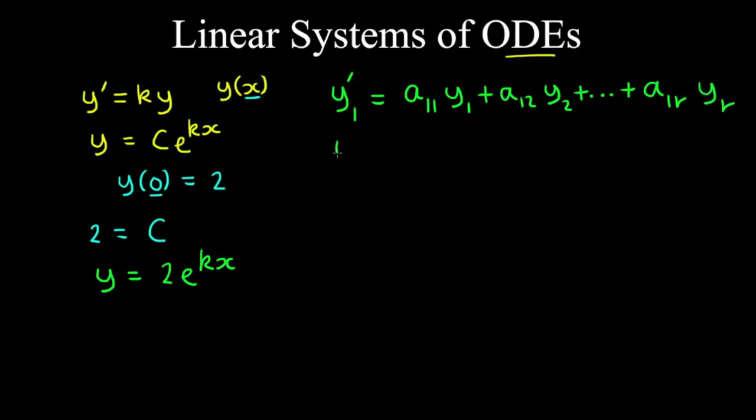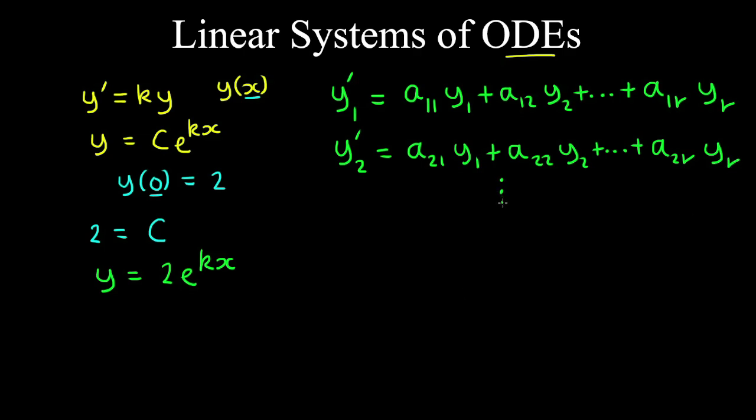And similarly, we'll have an equation for the first order derivative y2 dash. So that will be the constant a21 by y1 plus a22 by y2 and so on, plus a2r by yr.